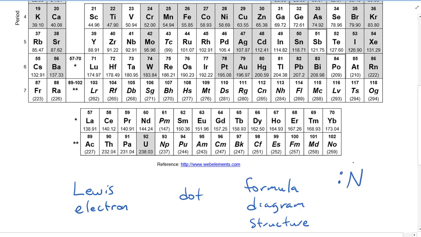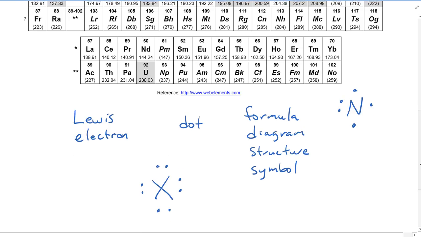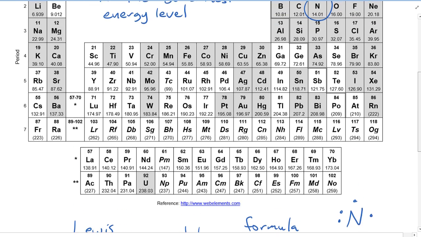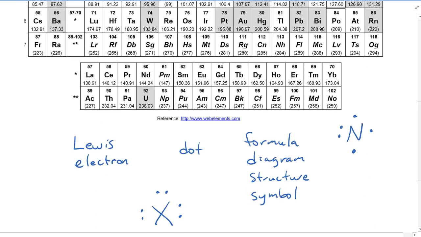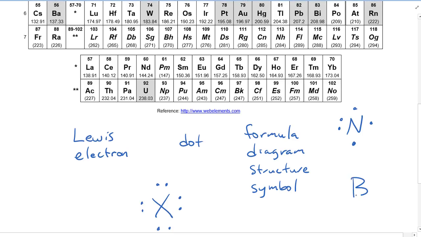So put in 1, 2, 3, 4, 5. And again, where we double up doesn't matter, as long as we place 1 dot on each side before we double up. If we did something like boron, symbol B, boron would be surrounded by 3 dots. Good. So this would be the Lewis symbol for boron.